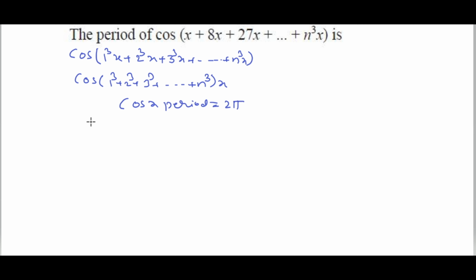So cos of 1 cube plus 2 cube plus 3 cube up to n cube, the value of that is n square into (n plus 1) whole square by 4, into x.